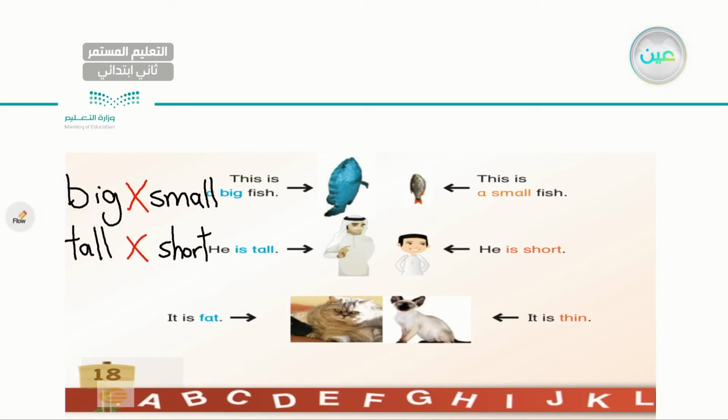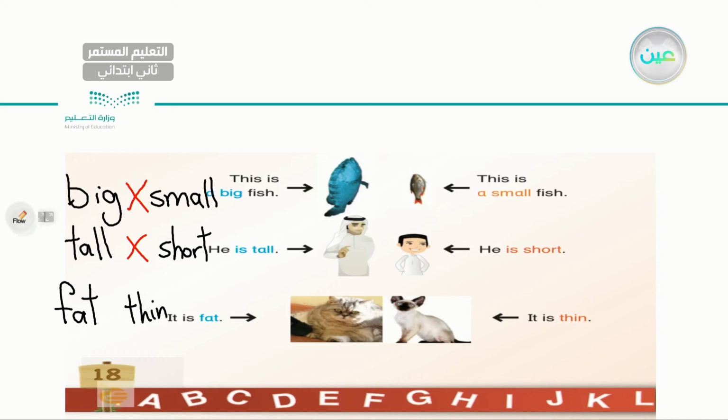Next, I have 2 cats, but different sizes. The cat to your left, it is fat. Fat cat. Second one, is it fat, my dear student? No, it is thin.